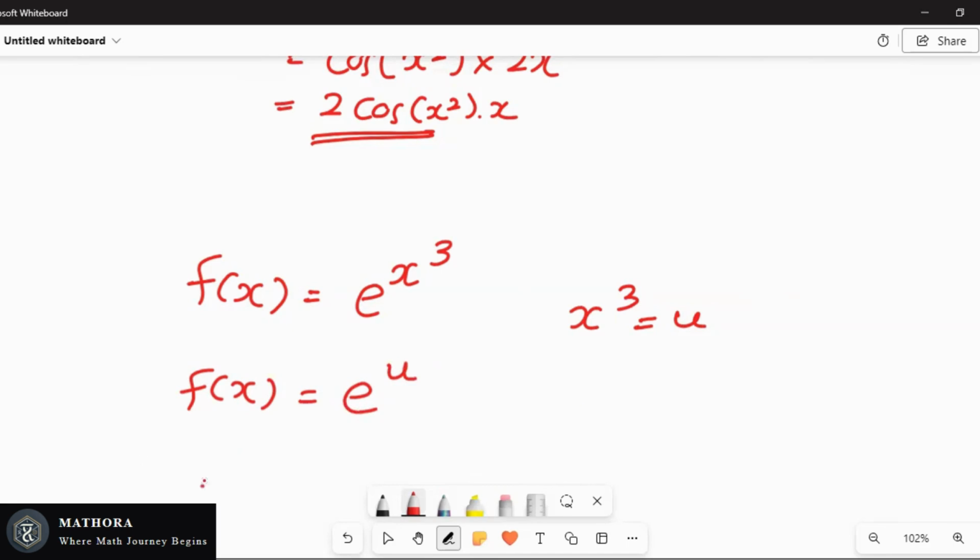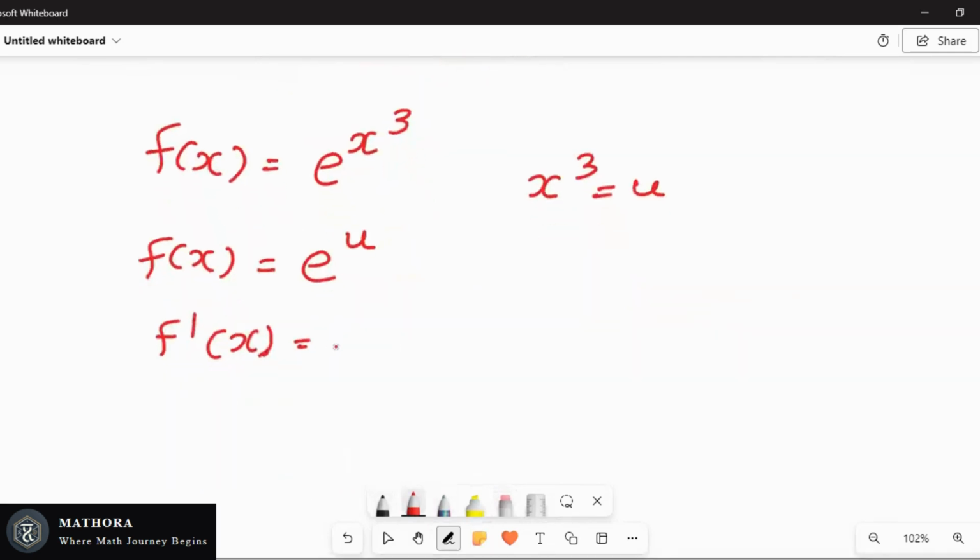So if you want to differentiate f(x), then f dash x will be e to the power of u, the derivative of e to the power of u, which is e to the power of u multiplied by u dash.